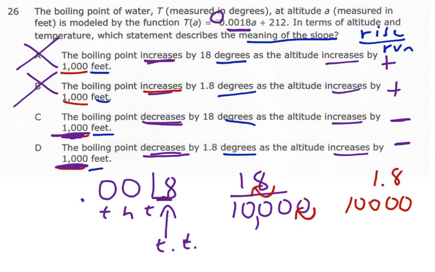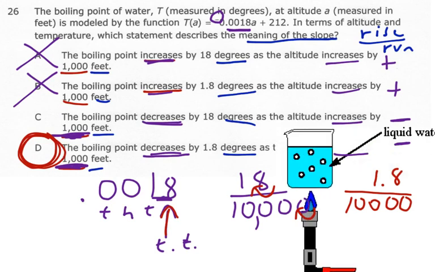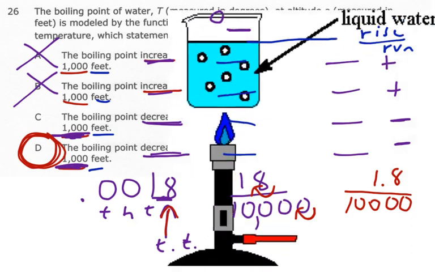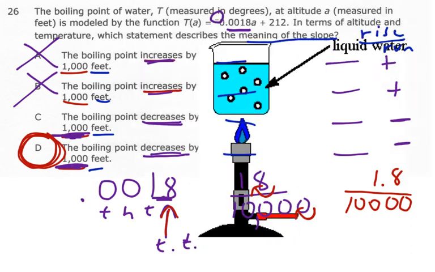So that would be 1.8 over 1,000, which is answer choice D. So again, really just look at place value. It's where that last number is, and write it over that number. So 10,000 goes on the bottom. And man, it's 212 degrees hot. Look at those molecules just zipping through, bouncing off of each other.